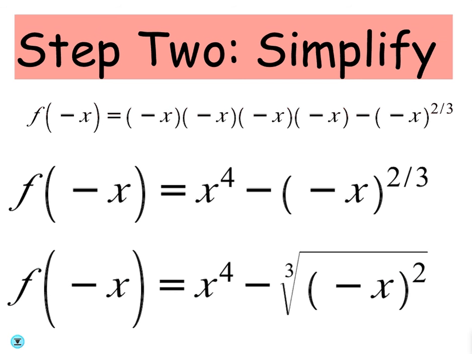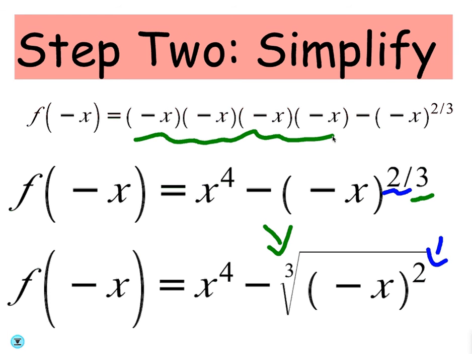Now, I know some of you aren't too comfortable with this, so I'll explain it real quick. The bottom of the fraction becomes your root, whatever that is. If it's a 5, then you put a 5 there. The top of the fraction becomes your exponent. Going back to the negative x to the 4th, it's still x times x times x times x. The only thing that happens is 4 negatives make a positive.